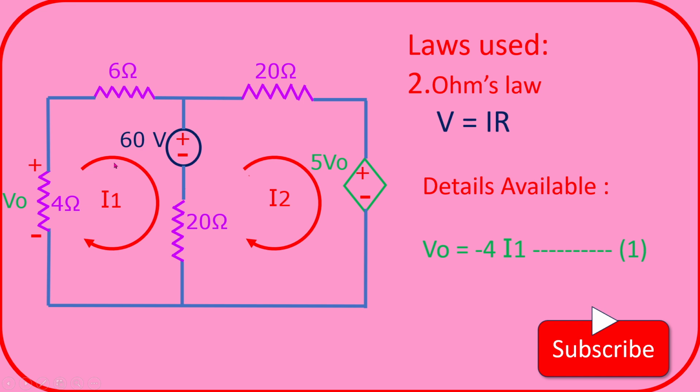But the I1 current is taken to be flowing in the clockwise direction. So it is flowing upwards through this 4 ohm resistor. This entering point is plus for I1 and here it is minus. So the relationship between V0 and I1 is opposite. So we can write V0 is equal to minus 4I1.